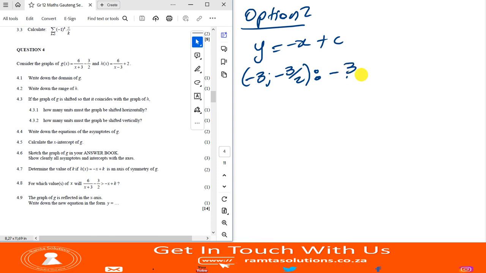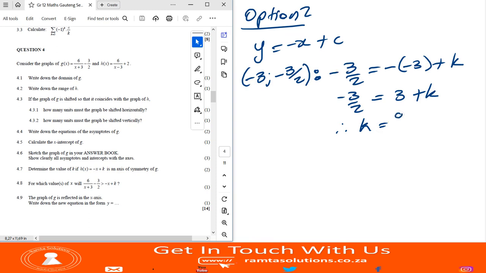So -3/2 equals -3 plus c, which is basically called k, plus k. So what is this? -3/2 equals 3 plus k. Therefore, this means k is -9/2. Right? It's -9/2. As simple as that. So it's up to you which method you prefer. Okay, guys? Whichever you prefer, it's good.